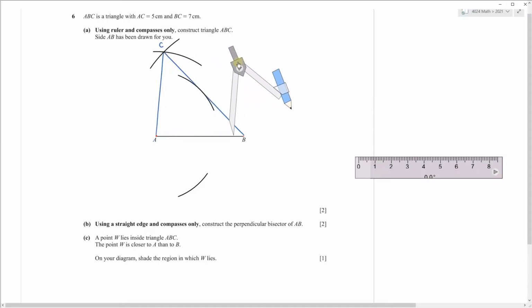And then without changing the compass width, I'll draw two arcs again from point B this time, one below the line and then one above the line here.